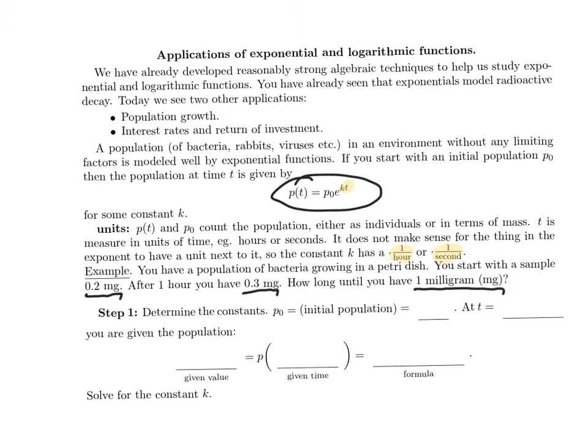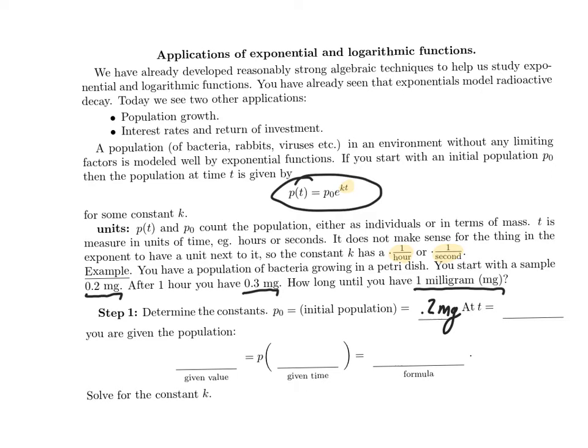So we'll start by determining the constants. P0 is the initial population, and that is, in this case, given right here, 0.2 milligrams. We're also given the population at some time.